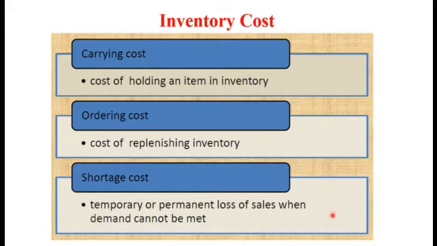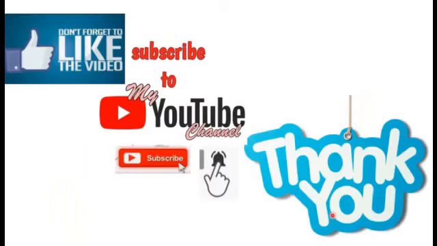Ordering cost is the cost of replenishing an inventory. Then shortage cost is the temporary or permanent loss of sales when demand cannot be met, because of shortage. So these are the various inventory cost terms.